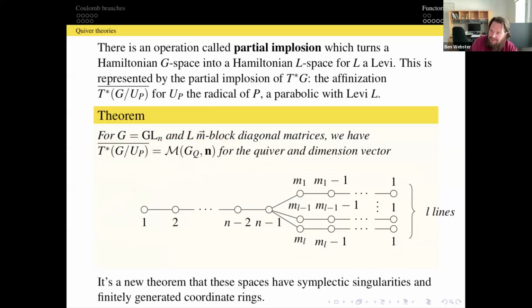I know some of you know this because this quiver is in some of Amihai's papers, where I have a leg going up to n-1, and then I split off into a bunch of legs that correspond to the sizes of the blocks. And it's a new theorem, something we hadn't known before, that these spaces have symplectic singularities and finitely generated coordinate rings, because those are general theorems about Coulomb branches. All right, I'll stop there.